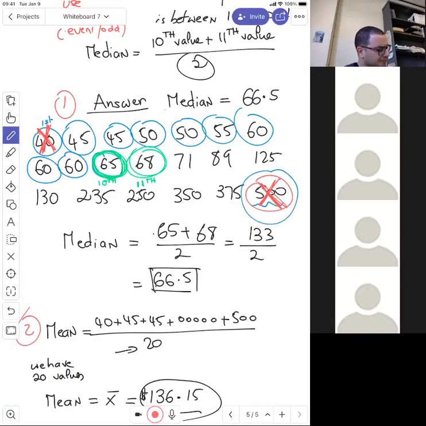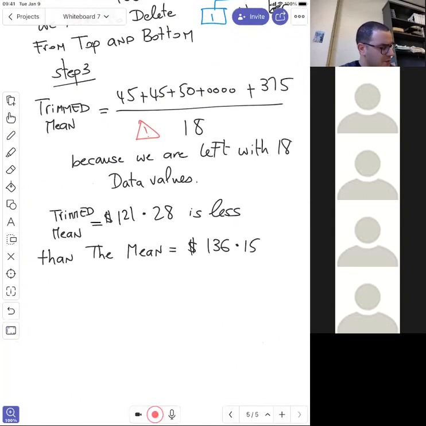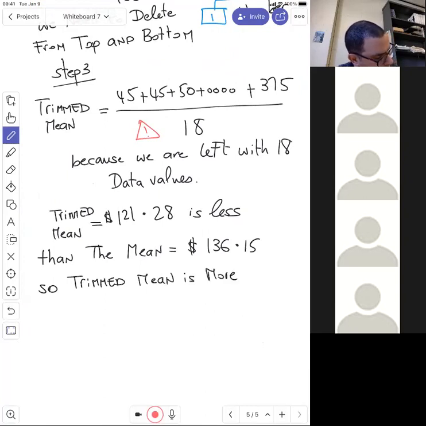So in this case, the trim mean is more accurate than the mean.